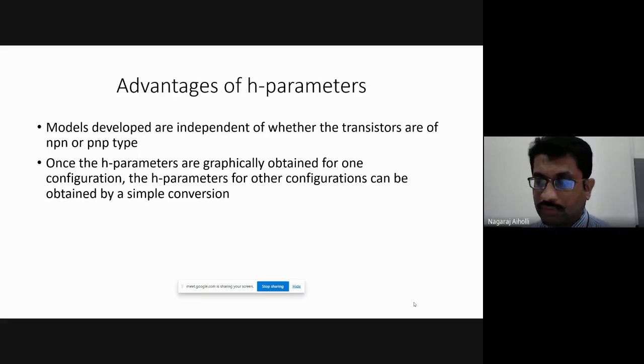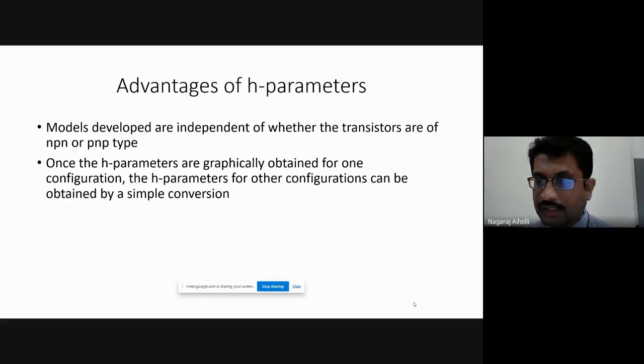While I was explaining question number 1 in the last class, I explained what H parameters are, why they are called H parameters, what the general equations for H parameters are, and how to draw the hybrid model for common emitter, common base, and common collector configurations. That is included in question number 1, so it covers this question number 6.